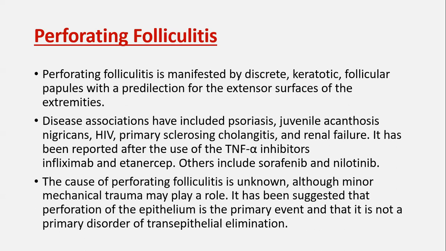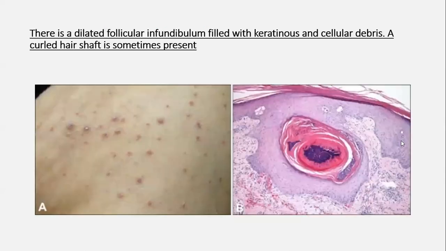After that, the keratinocyte adhesions become loose and the dermal material is extruded. But in perforating folliculitis, it is suggested that it is primarily a perforation of epithelium, which is a primary event and is not a primary disorder of transepidermal elimination.